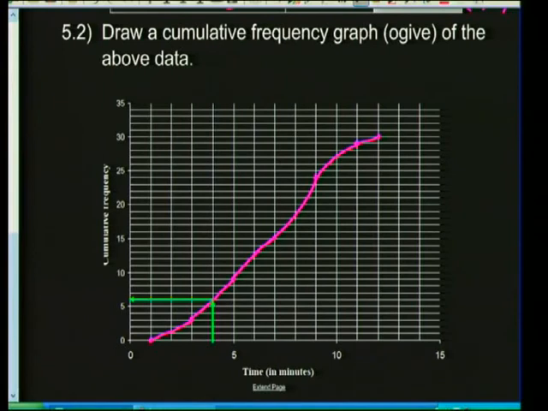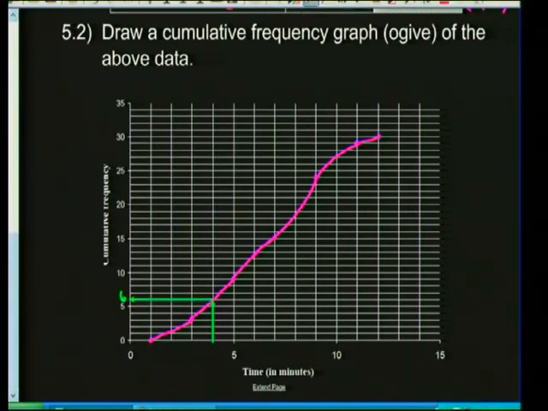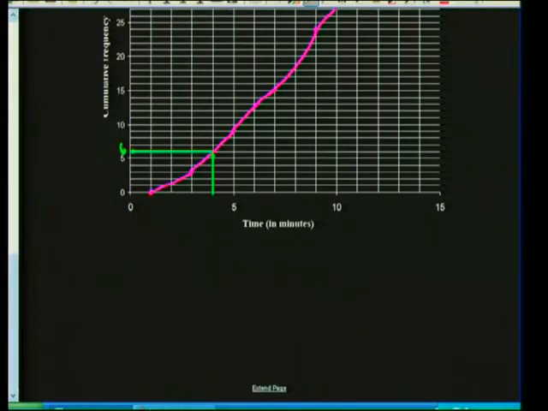Okay, so the question said, how many learners are answering your question in less than 4 minutes? Do you guys agree that that is getting us to 6? Okay, so there are 6 learners who are answering that question in less than 4 minutes. So therefore it says, what percentage of your learners are considered gifted? Okay, well, that's obviously 6 learners out of a total of 30 learners, okay?